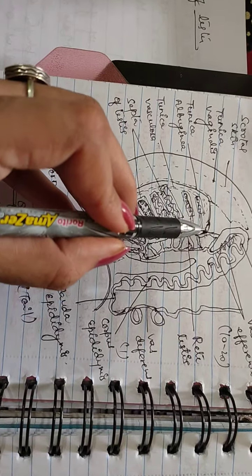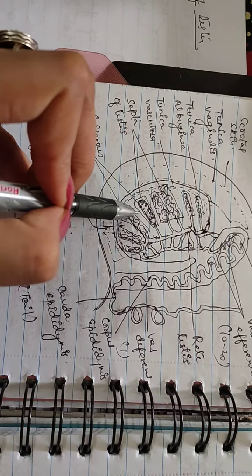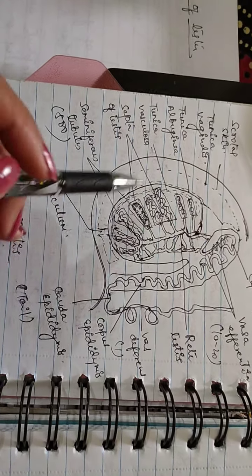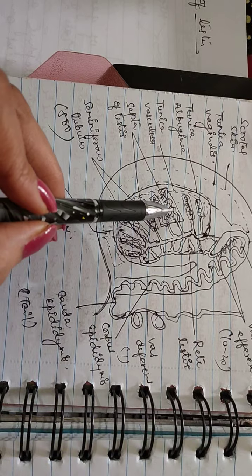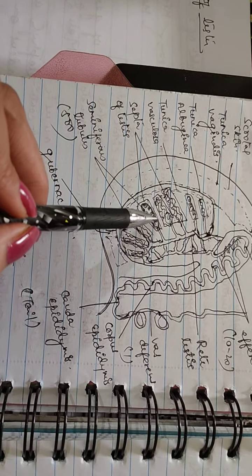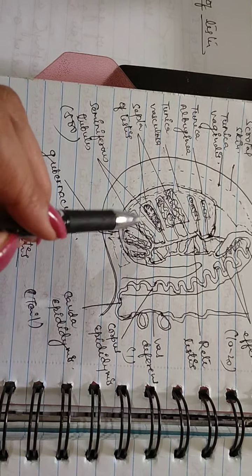And these are the testicular lobules you can see, and this is the separation which separates each lobule.